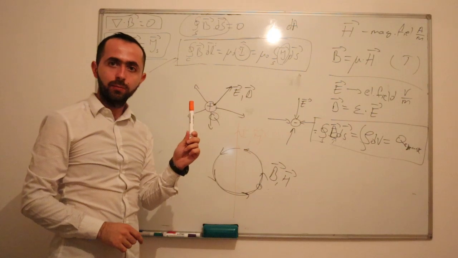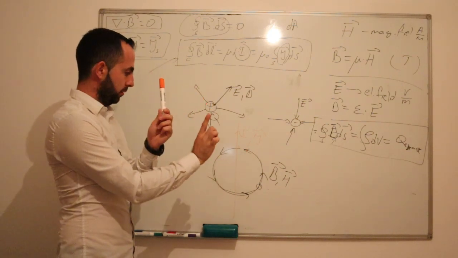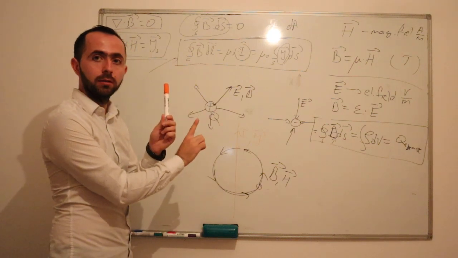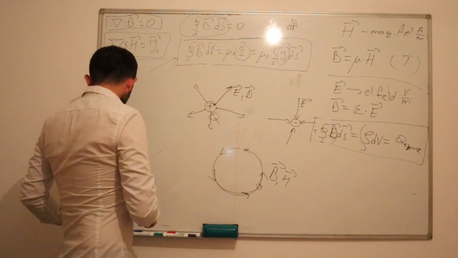How does this magnetic field look? We already drew it. It's circles around this conductor.